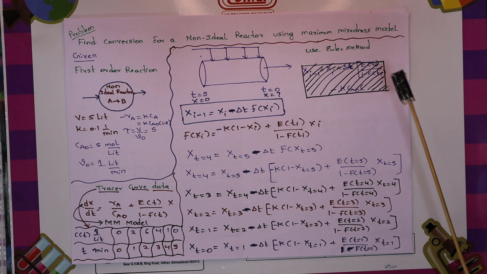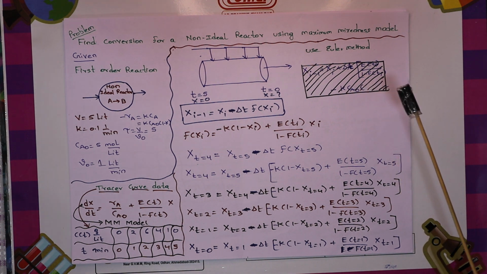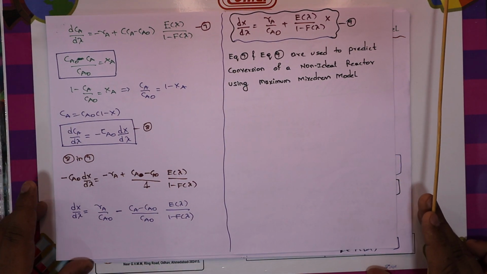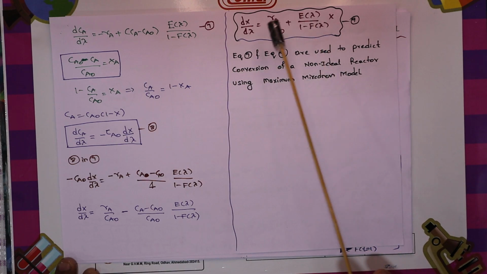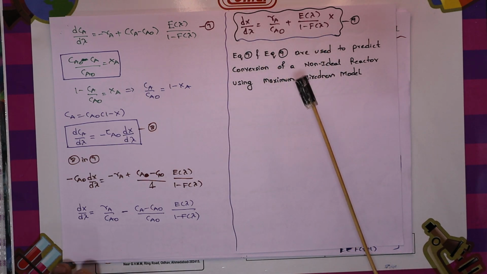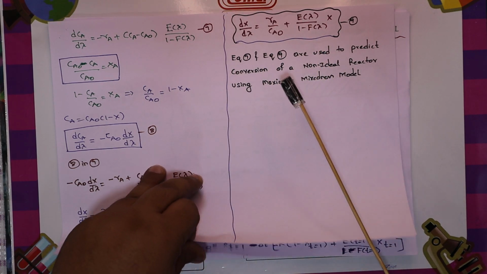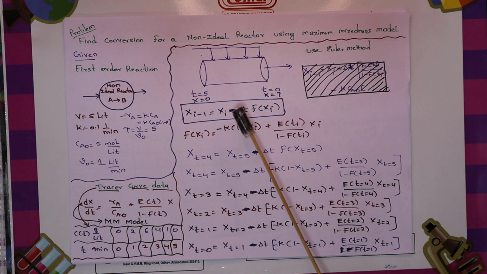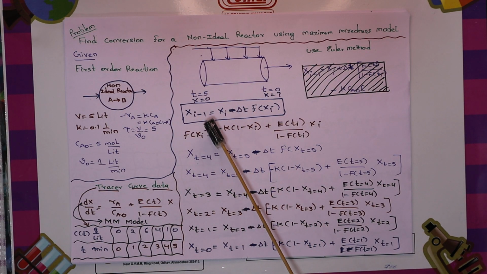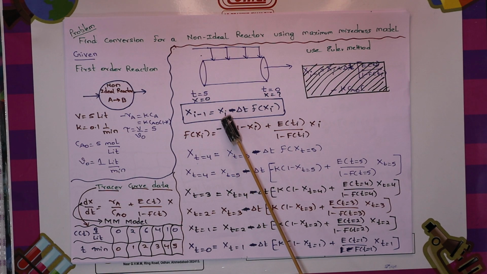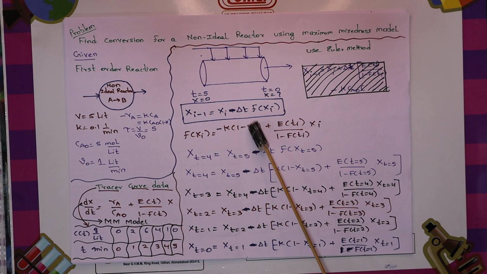To solve this equation, we need to take the help of Euler's method, since this is a differential equation. Euler's method says that the conversion at i minus 1 is nothing but the conversion at the ith point minus delta t into f of Xi.